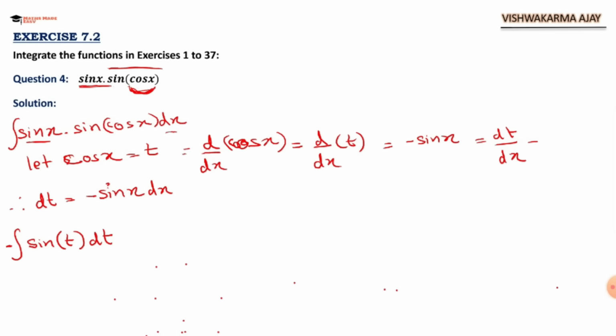Integration of sin t is cos t. Since the result is cos or something with c, you can put a negative sign there directly. Minus cos t plus c.